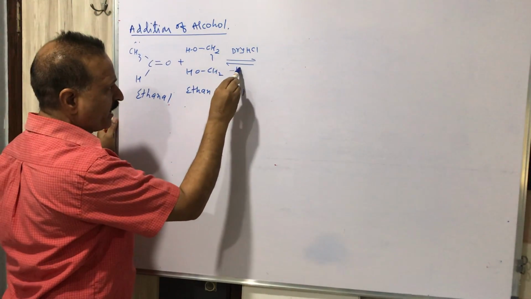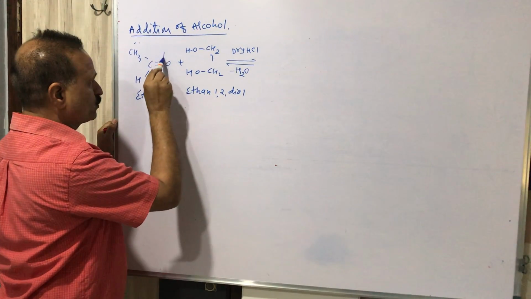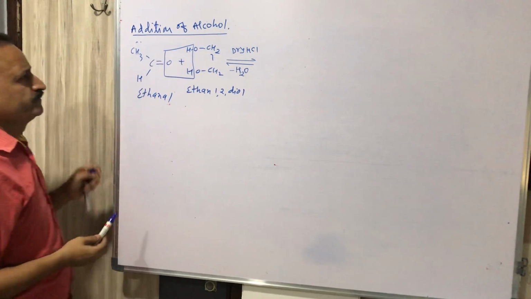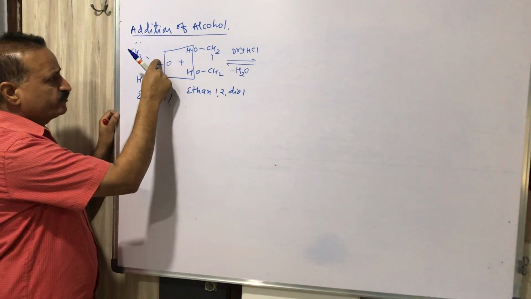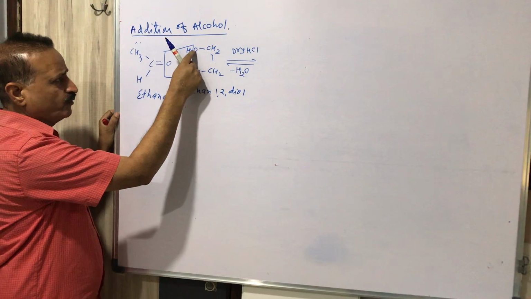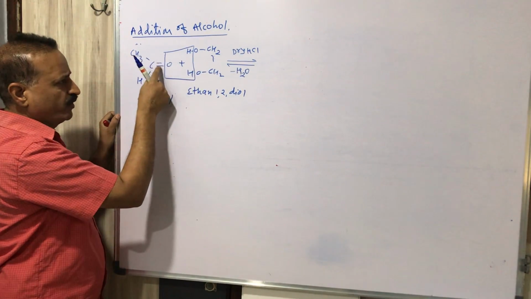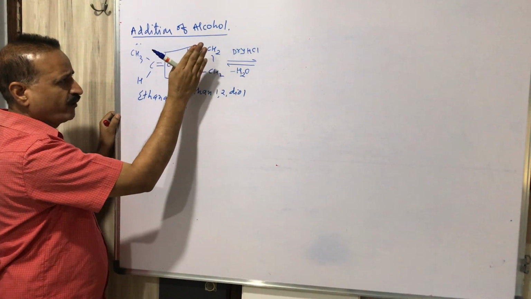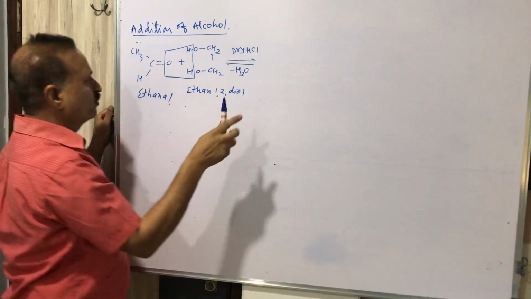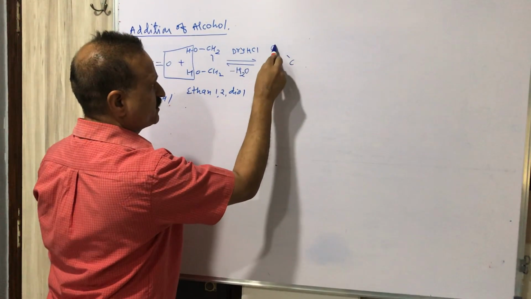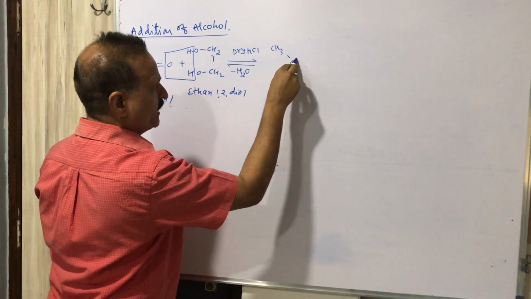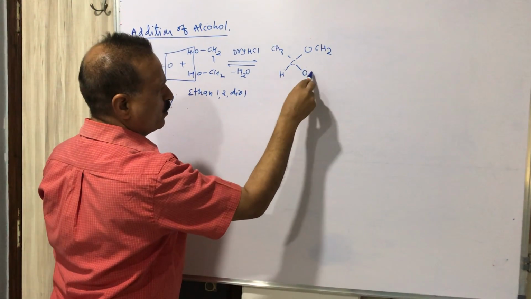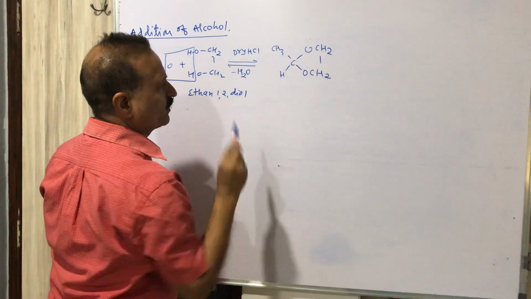H2O will be released, minus H2O, and this bond attaches with OCH2, this bond attaches with OCH2, and this cyclic form remains as it is. So we have CH3CH with O-CH2-CH2-O, and here is the bond.